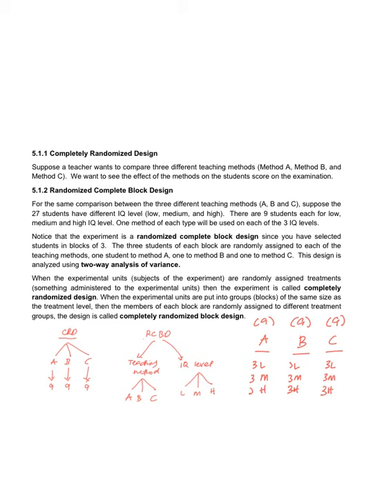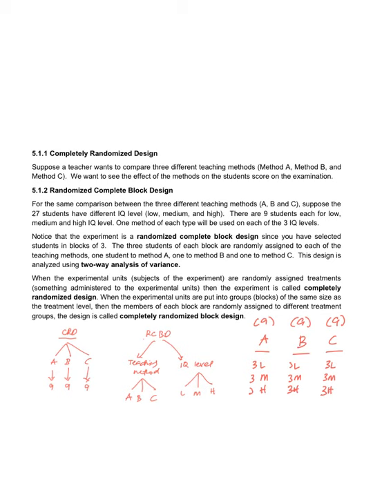Okay, so look at the third paragraph. When the experimental unit or subject of the experiment are randomly assigned treatment, then the treatment is called completely randomized design. When the experimental unit are put into group or block of the same size as the treatment level, then the member of each block are randomly assigned to the different treatment group.